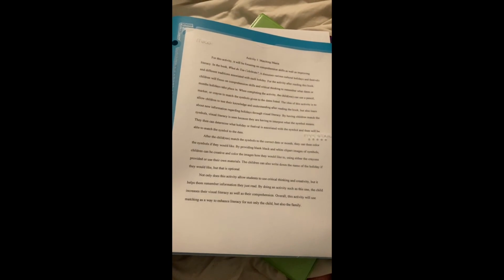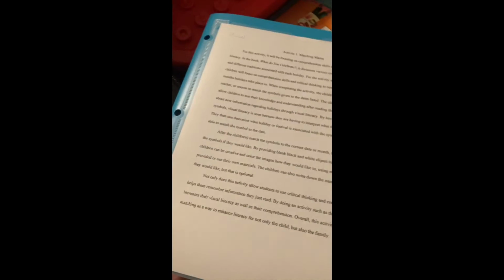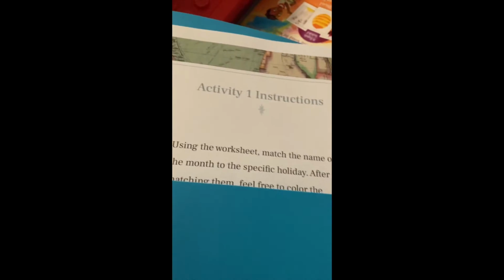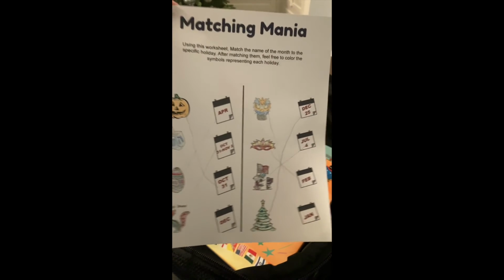So in this first folder, it's for the activity regarding matching. And as you can see, here's my description of the activity. And then when you open it up, you have the instructions page and then the worksheet that the family completed.